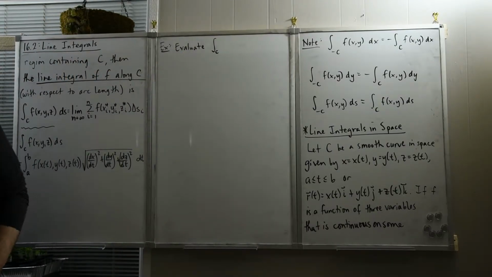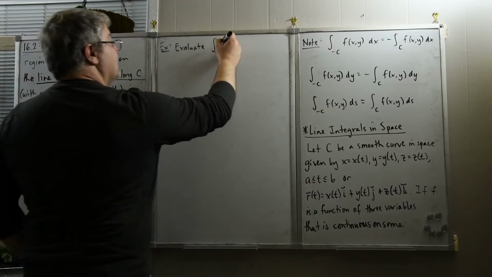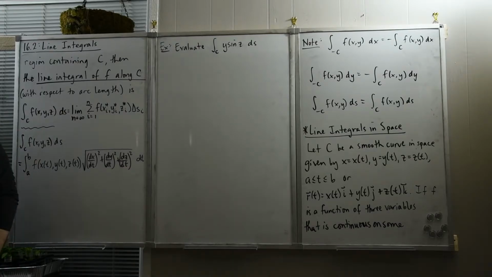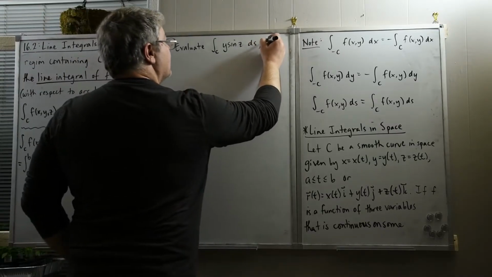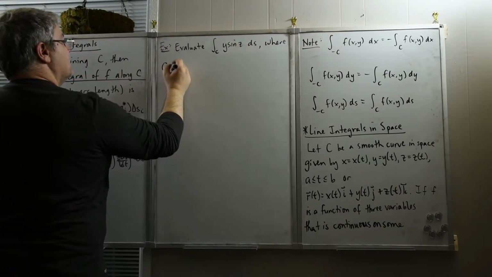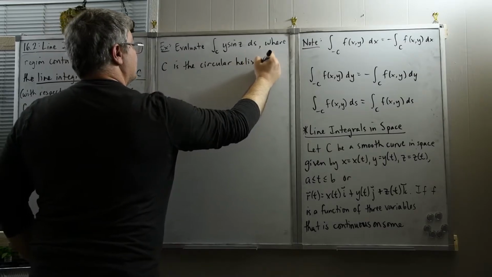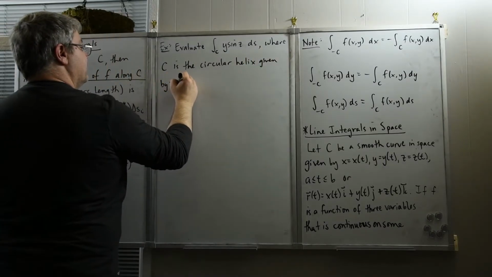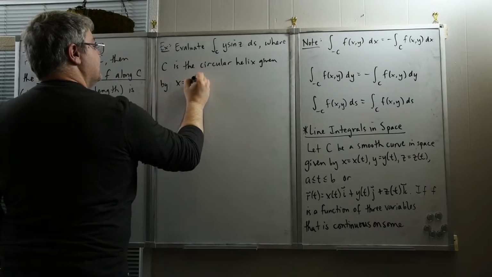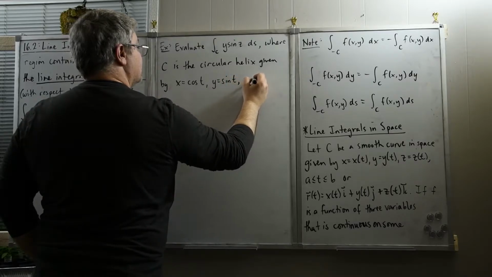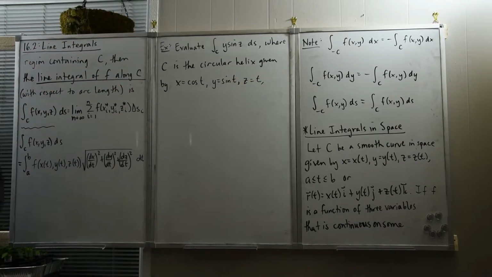And this will be the line integral of y sine z along C, where C is a circular helix given by x equals cosine t, y equals sine t, and z equals t. And we're going to let t range from 0 to 2 pi in this case.